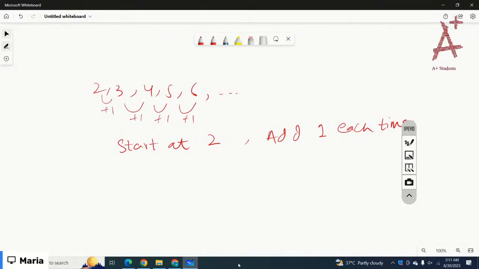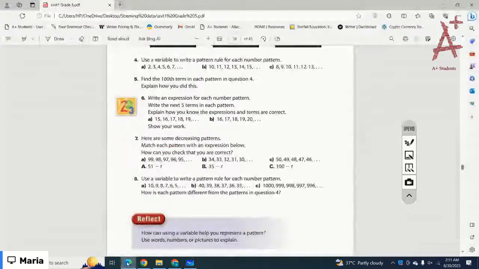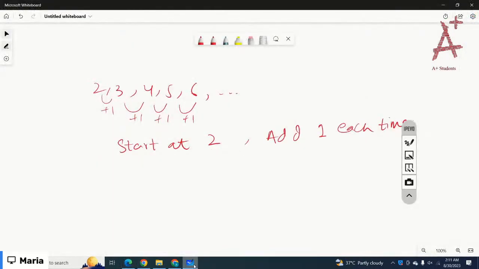Okay, the next one is 10, 11, 12, 13, 14. So you're going to start with 10. So start at 10. That is actually the pattern rule, right?